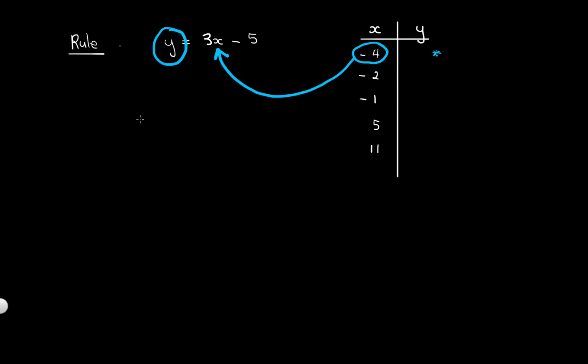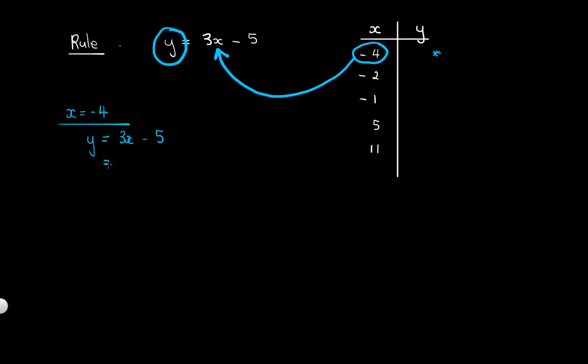So let's try -4. When x is -4, let's work out the corresponding y value. So it'll be y equals 3x. We write the rule down first, 3x minus 5. Now 3x means 3 times x.